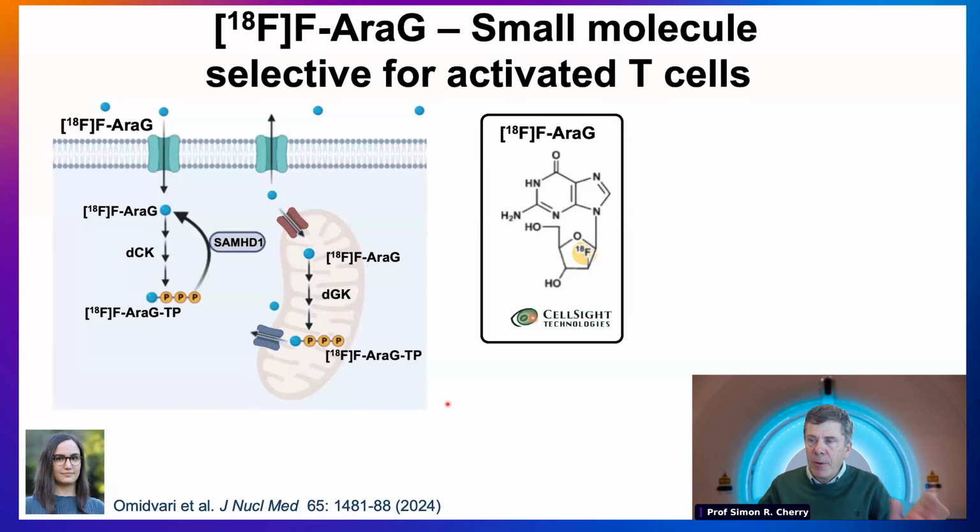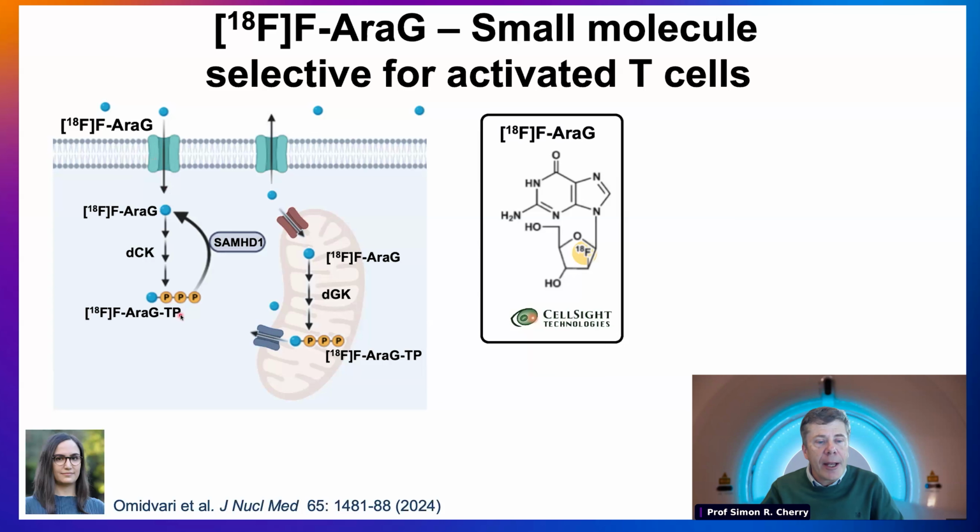My second example and final example is in immunological imaging. So imaging of the immune system is something that's a very exciting opportunity. The immune system is involved in our response to almost every disease and disorder there is. This is a small molecule labeled with fluorine 18 that is selective for activated T cells. And so this tracer comes into the tissue.